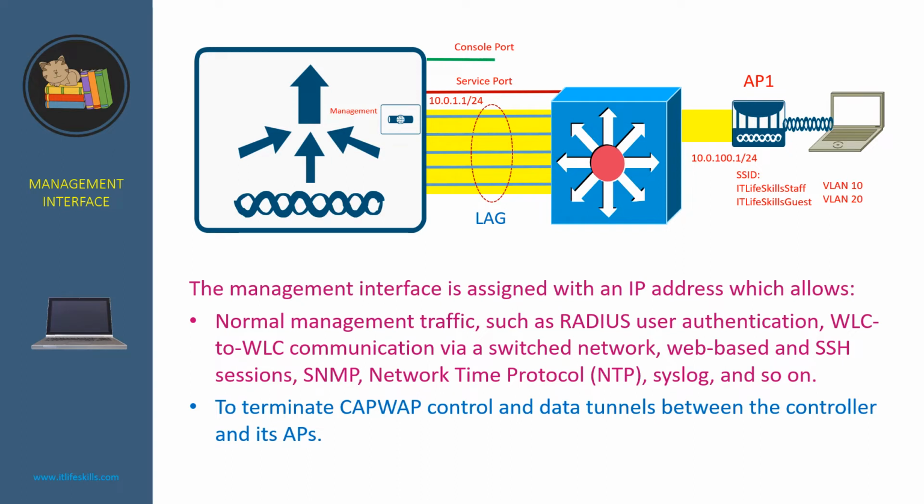The IP address on the management interface also allows it to terminate CAPWAP control and data tunnels between the controller and the AP. In this diagram, the AP establishes two tunnels, control and data, to the wireless LAN controller on its management interface, terminated at this IP address.